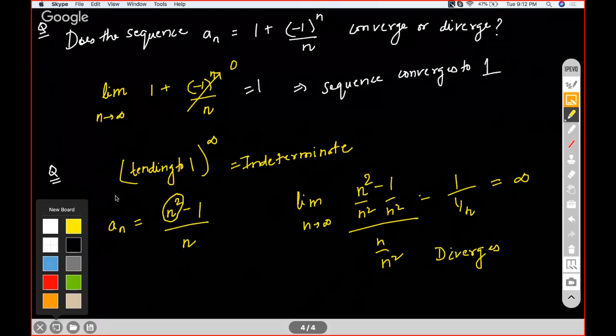Acha, what about this? If a n is sine of n, it'll diverge, right? What do you think, Aditi, Shreya? I think it'll converge.